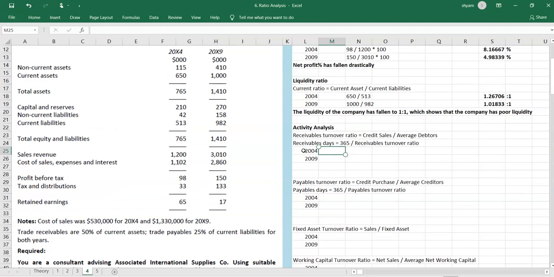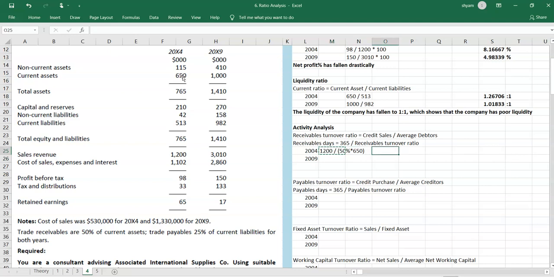So we have gone to the receivables. Receivables, we can assume the entire sales to be credit sales. So entire sales is 1200 divided by average debtors. You can take the debtors. Receivables is 50% of current asset. So current asset we have it here 650.